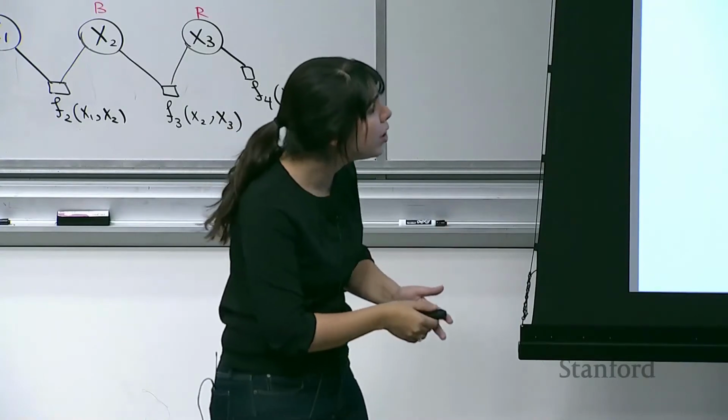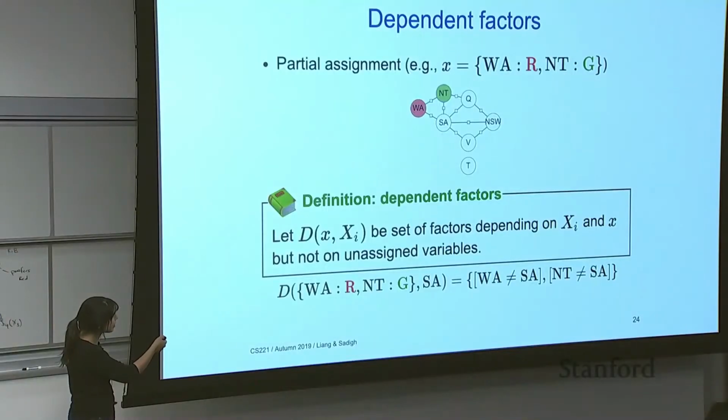For example, in this particular case, we said this is a partial assignment. Let's say I'm asking, what are the dependent factors of this partial assignment and SA? So I'm picking a new variable, SA, and asking what the dependent factors are. These are the factors that depend on this new variable SA and on the partial assignment. So it's going to be this factor and this factor, right?